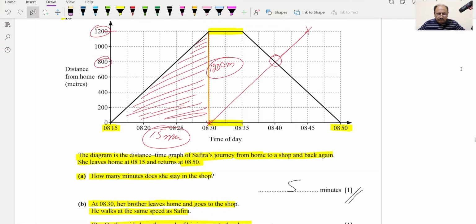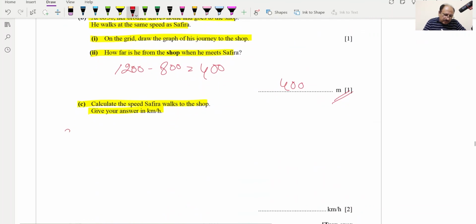So we have to write the gradient m will be equal to 1200 meters divided by 15 minutes.